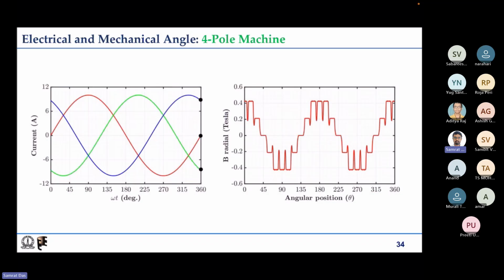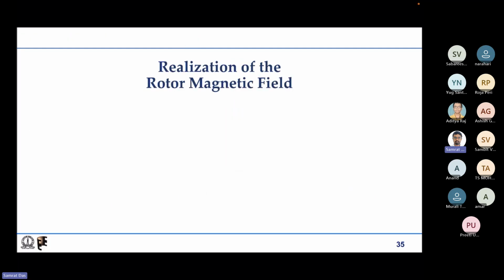So we understood that electrical angle in this case has to be twice the mechanical angle. From there we understood the relationship between electrical angle and mechanical angle: the mechanical angle has to be multiplied by the number of pole pairs. So we saw all these things till the last day's class.